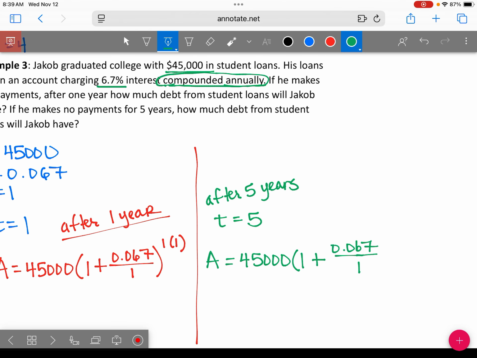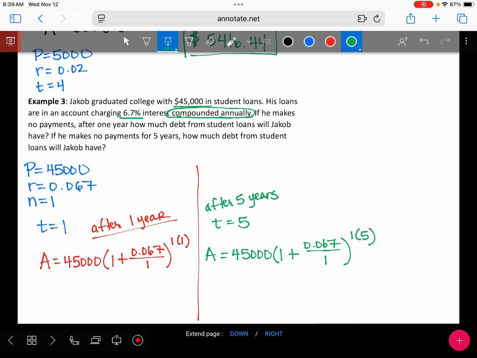So again, you didn't have to make it a fraction, and then this is to the power of n times t. So go ahead and see what you get for after 1 year. What's his debt? After 5 years, what's the debt?